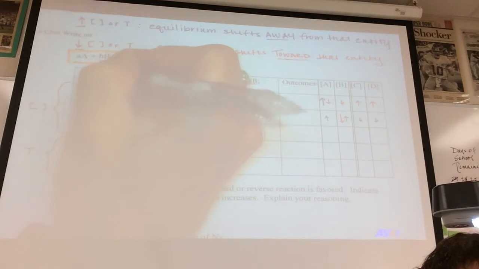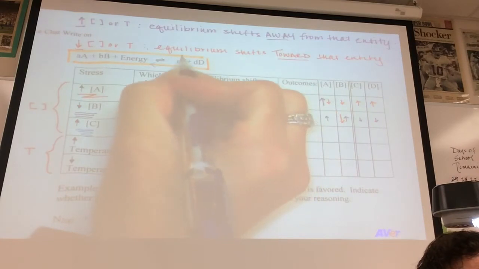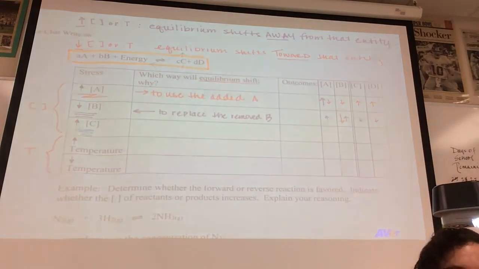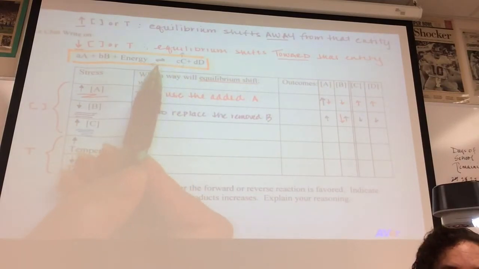If I increase the concentration of C, I'm going to feed it right here. And now equilibrium will shift in which direction? Away from it or toward it if you increase? Away. C is on the right side. I have to shift away from it, so equilibrium shifts in the reverse or left direction.